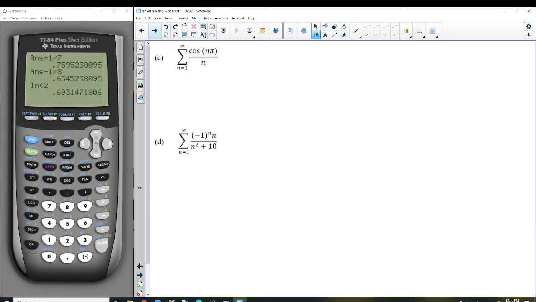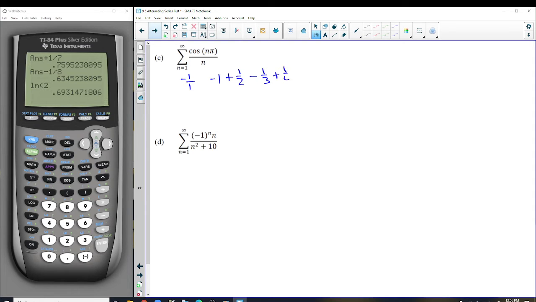Here we have cosine of n pi over n. So we plug 1 in, cosine of pi is negative 1 over 1, so let's start out as negative 1. Plug 2 in, cosine of 2 pi is 1 over 2, minus, plug in 3, and that is cosine of 3 pi, which is negative 1 over 3.